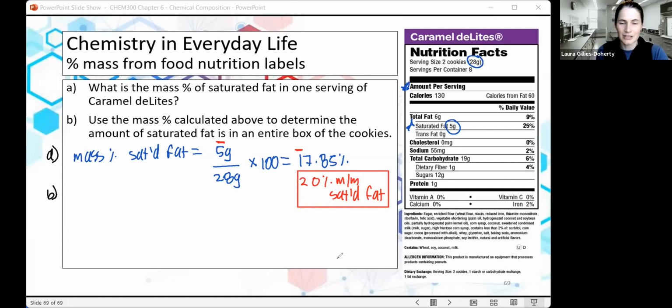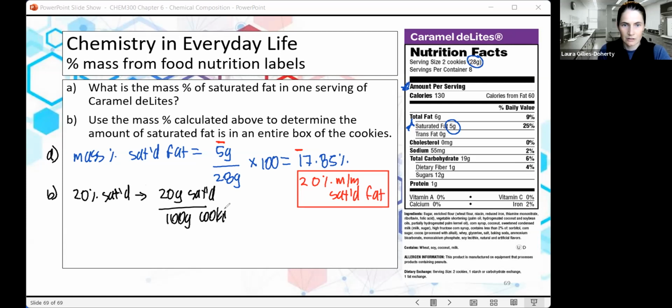So we can use percent composition as a conversion factor. So 20% saturated fat by mass means that there's 20 grams of saturated fat for every 100 grams of cookies. So if a serving is 28 grams and there's 8 per container, we can figure out how many grams of cookies are in a whole container.